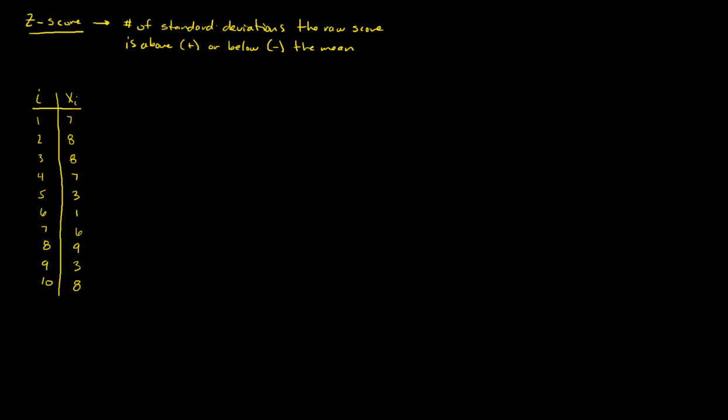So basically what you want to know is, is your raw score above? If it's above, it's going to have a positive z-score. And if your raw score is below the mean, it's going to have a negative z-score.